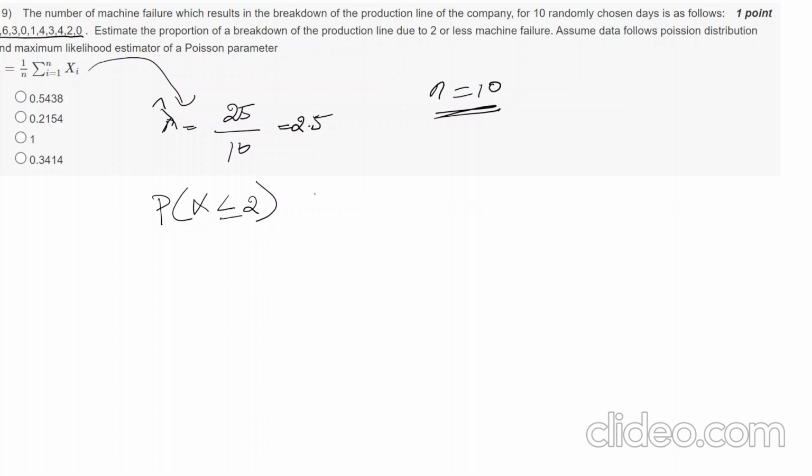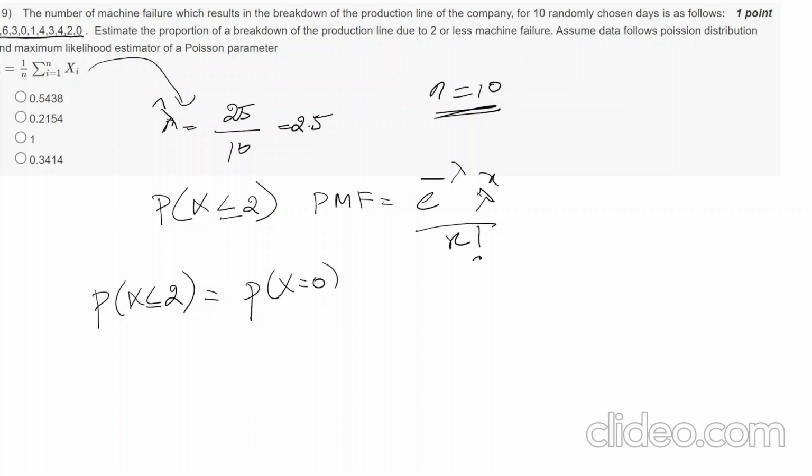We know the probability function of the Poisson distribution is given by e power minus lambda into lambda power x by x factorial. So P of x less than or equal to 2 is given by the probability of x equal to 0, plus the probability of x equal to 1, plus the probability of x equal to 2.